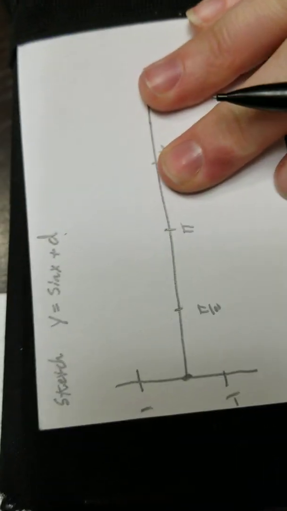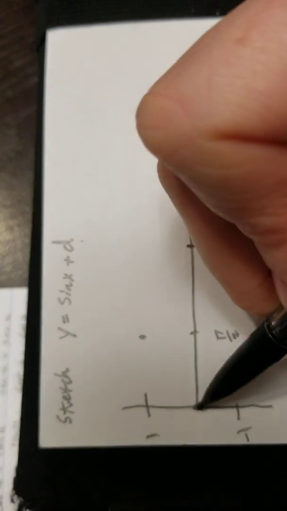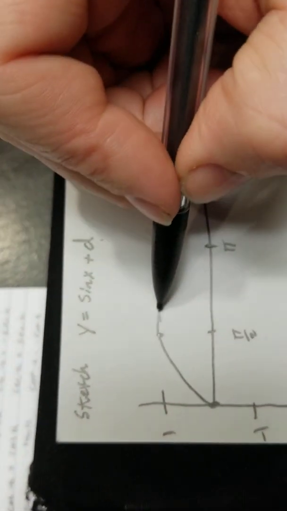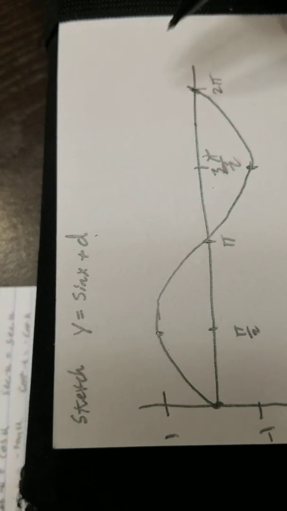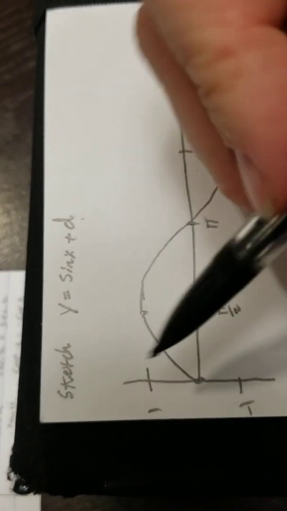So, starting out, I'm just going to sketch sine. Okay? Now, this plus d gets added to each point.